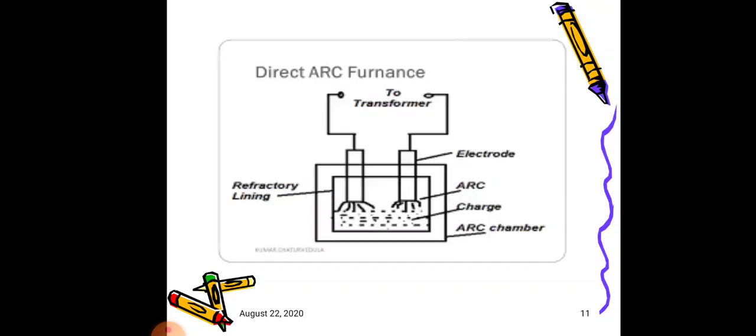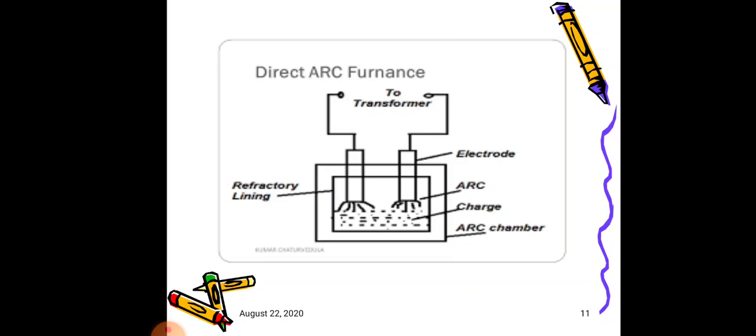In this type of direct arc heating, this is the diagram of a direct arc furnace. In this type of furnace, the arc is formed between the two electrodes and the charge in such a way that electrical current passes through the body of the charge. We can see in the figure that two electrodes are placed and power supply is given through the transformer because we need high voltage, and the charge is placed in a chamber.